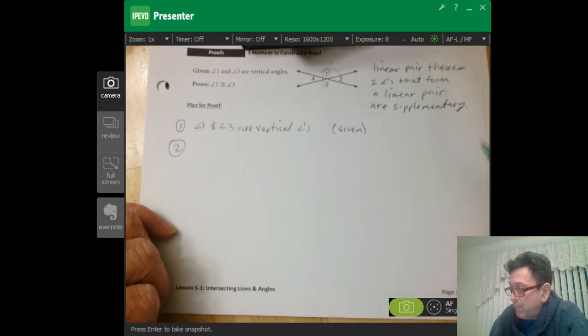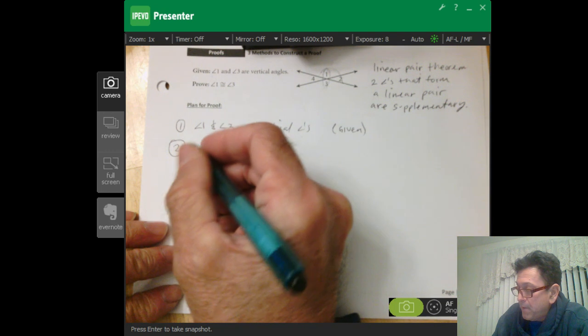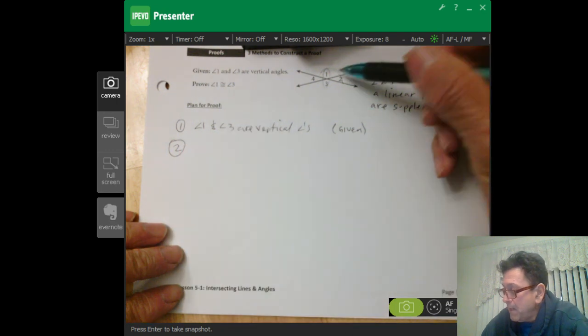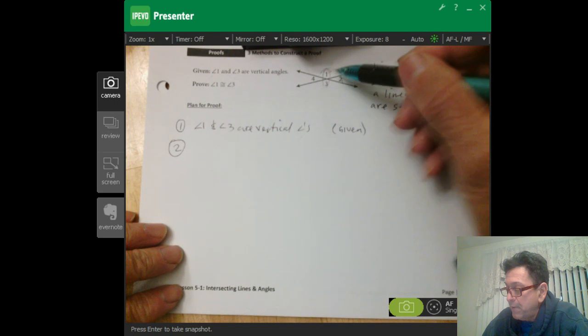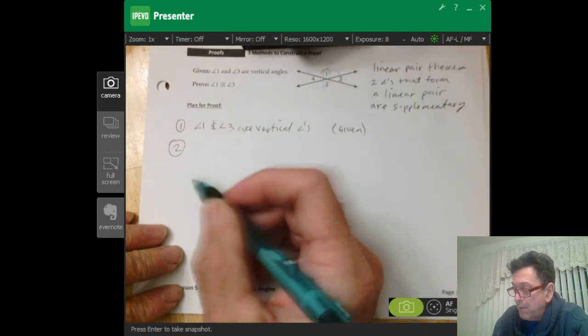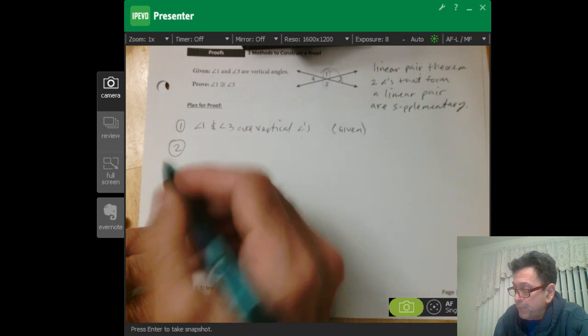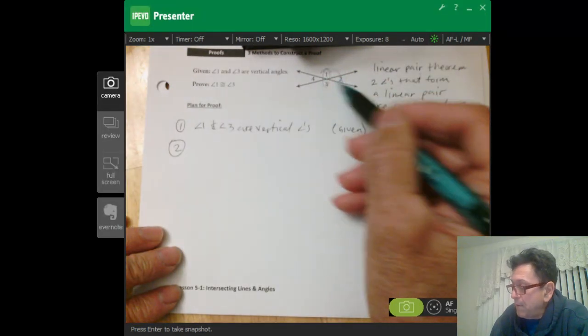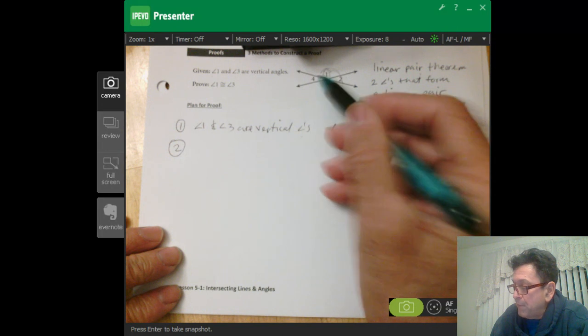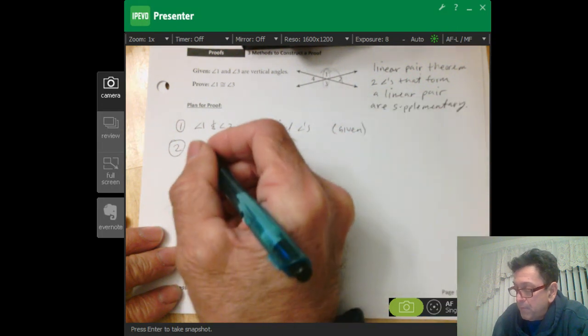So the second thing is what we know about the linear pairs. So we know angle 1 and angle 2, they're adjacent. They form a linear pair because those two angles share a side, and the other sides of the angles form a line.